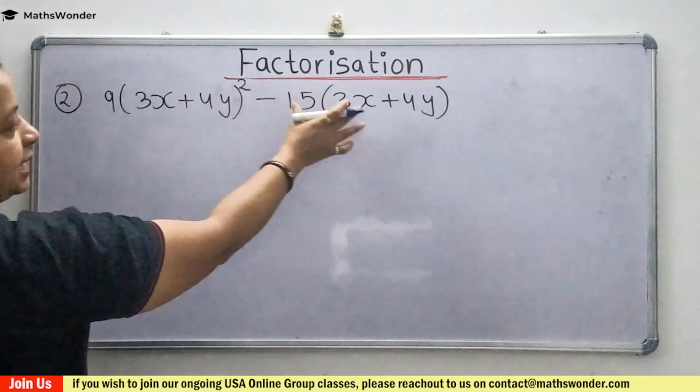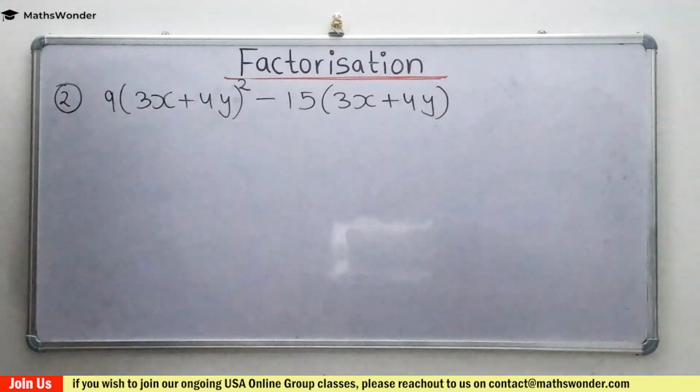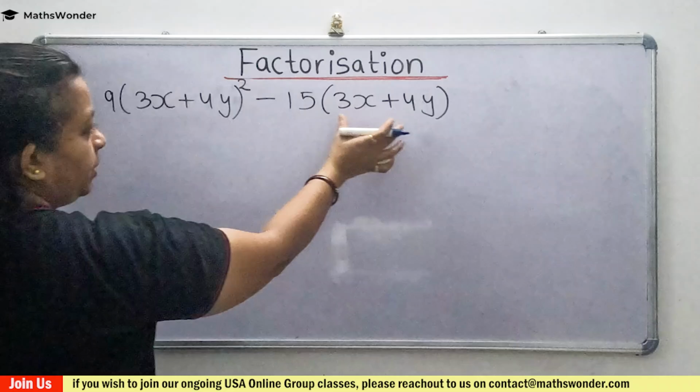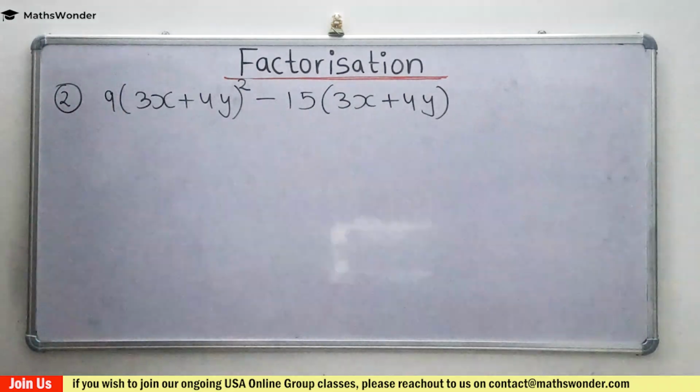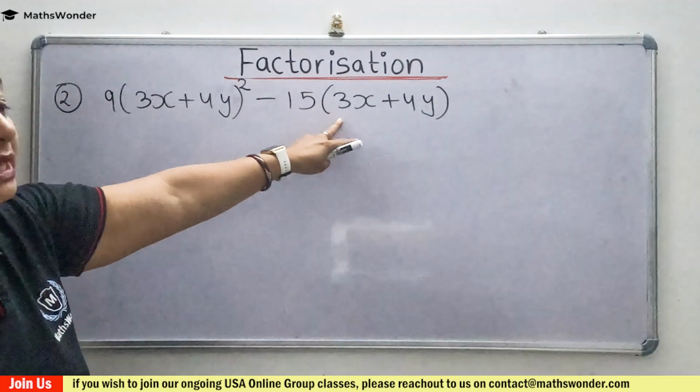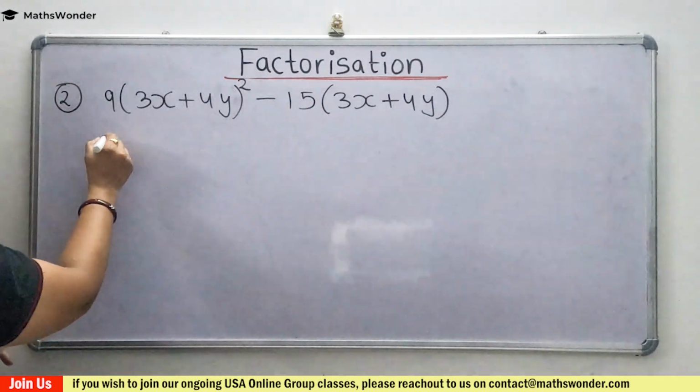See how you will solve this. Here is square, here is single. You have to find the greatest common binomial, because here the binomial is a common term, you can easily see it. But the difference is that here is square, here is single. But of course, we can take the single one.